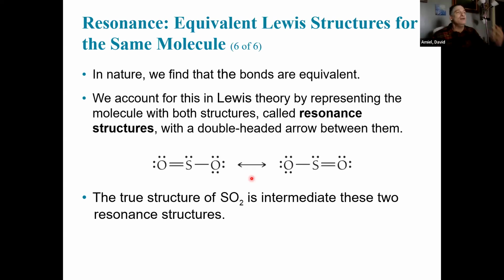And the truth is that it's actually in between both of them. But you're taking, again, a snapshot of a moving picture. So the fact is, it's intermediate between both, but we represent resonance structures as a double-headed arrow. So you'll see there'll be some cases where you can do that.